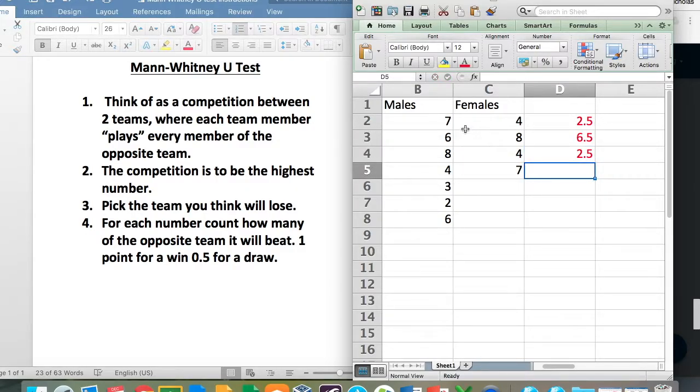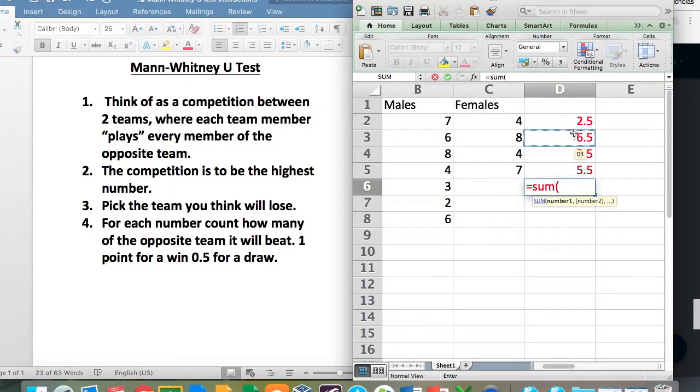And the 7 will draw that one, so half, 1.5, 2.5, 3.5, 4.5, 5.5. So we add all of these together, and that generates the statistic here of 17.